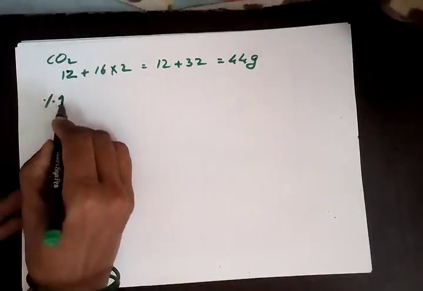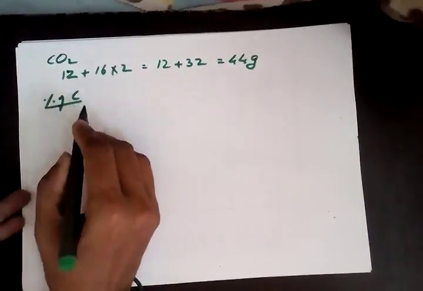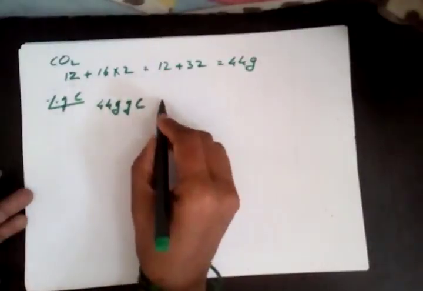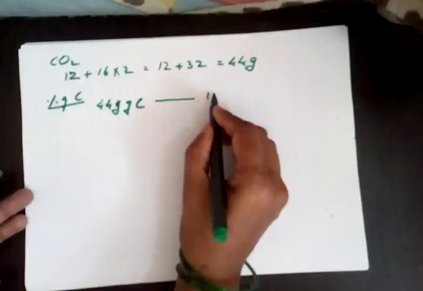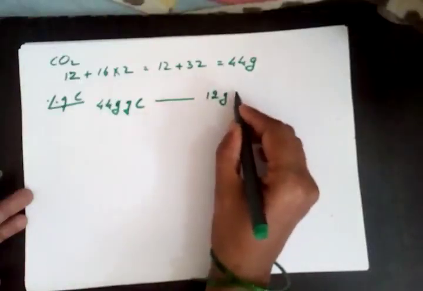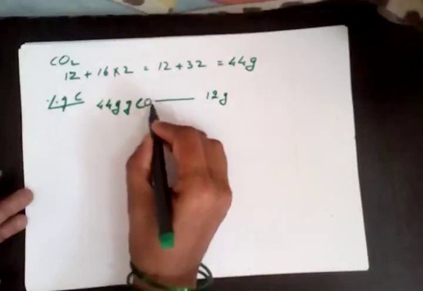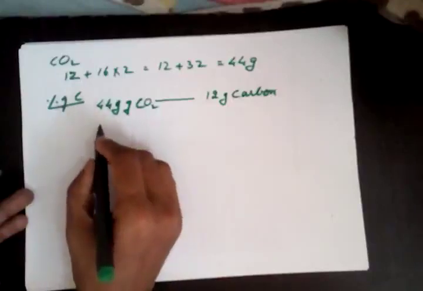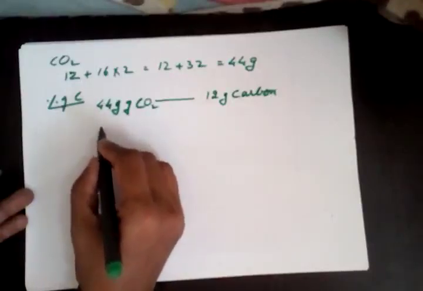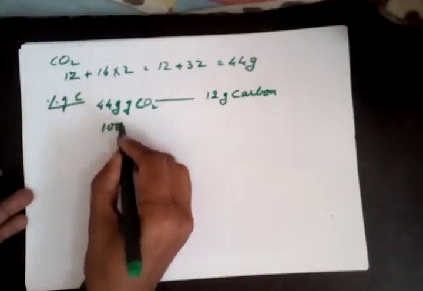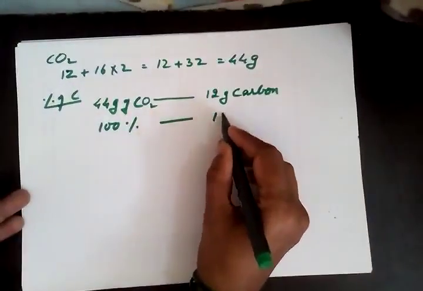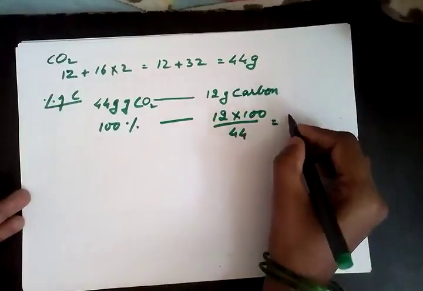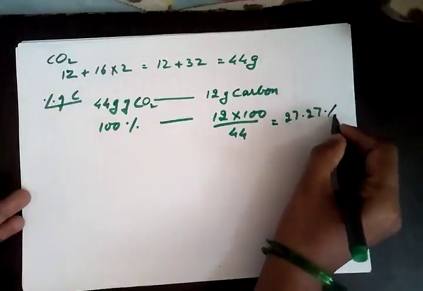Then the percentage of carbon in it: 44 grams of carbon dioxide contains 12 grams of carbon. Then 100 grams or 100% should contain 12 into 100 divided by 44. You end up with a value of 27.27%.